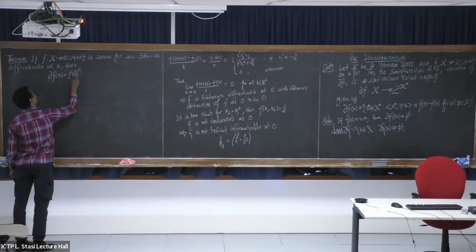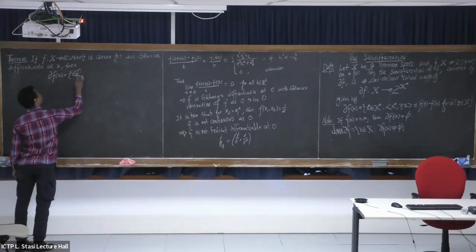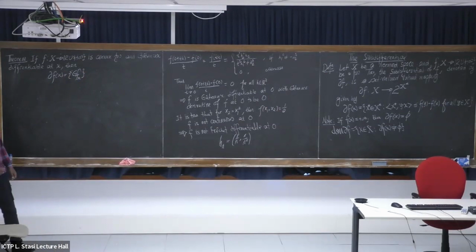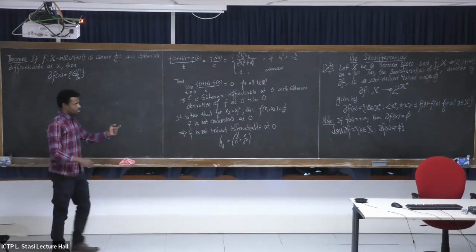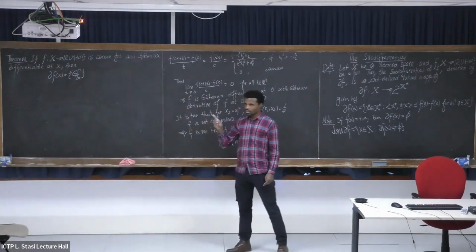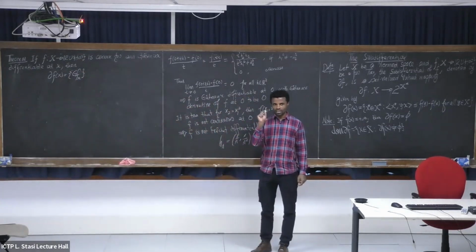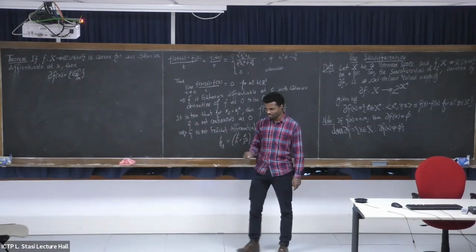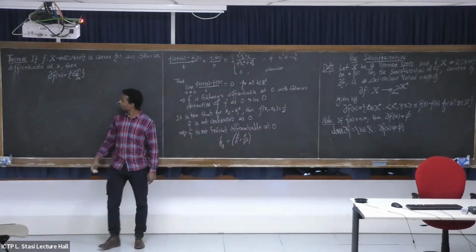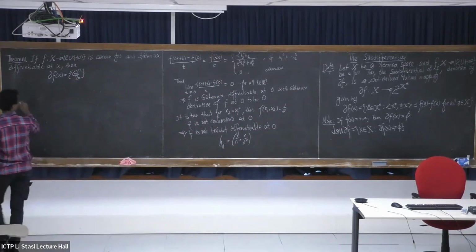That is the Gateaux derivative. If f is a convex function, then it is Gateaux differentiable at the point x, the subdifferential is a singleton, and that singleton point is the Gateaux derivative.